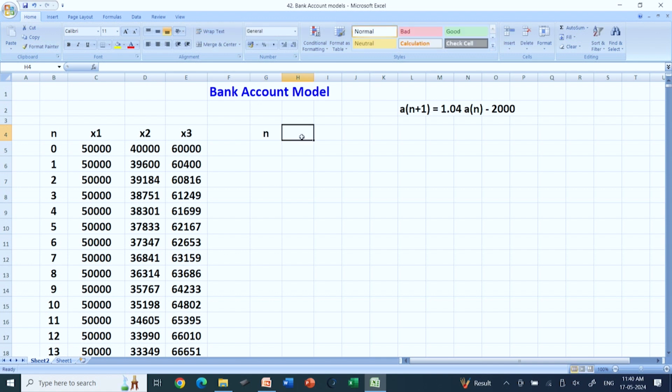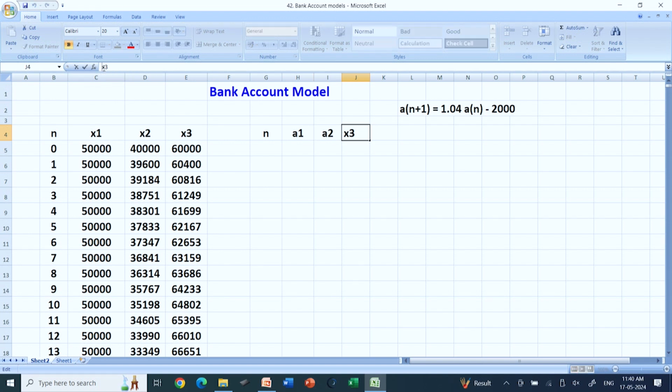For x1, x2 and x3, I have three solutions here, or rather you can put it as A1 because we have taken the equation in the form of A, but I guess you understand that.